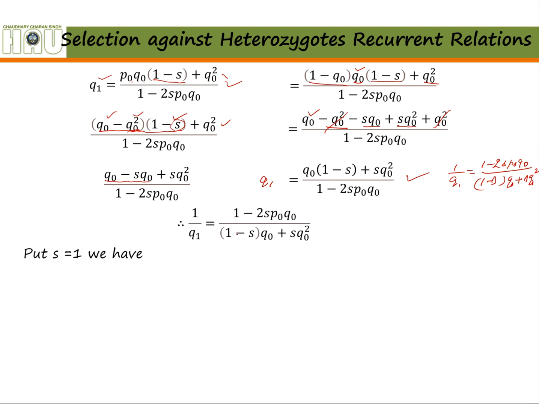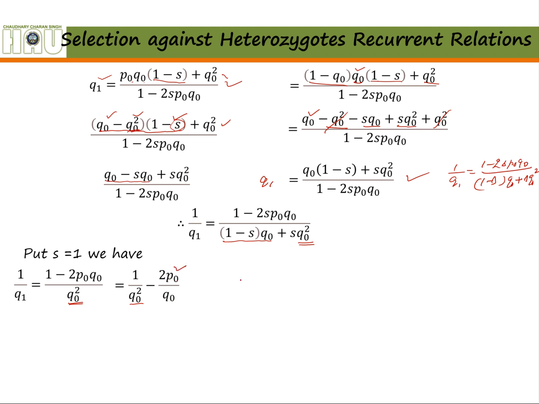What happens? When we put S is equal to 1, this vanishes and we will get in the denominator Q0 square. So it becomes 1 upon Q1 is 1 minus 2 P0 Q0 over Q0 square. And on further simplification, it is 1 by Q0 square minus 2 P0 upon Q0.